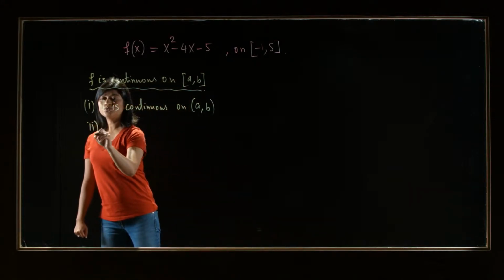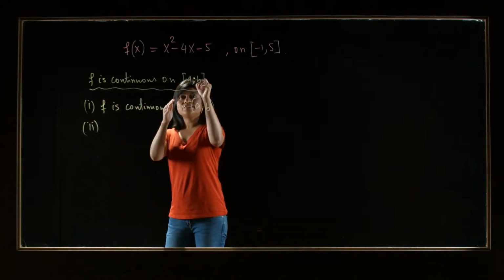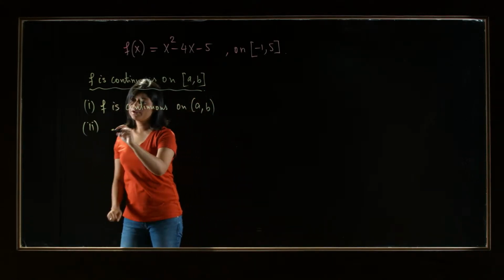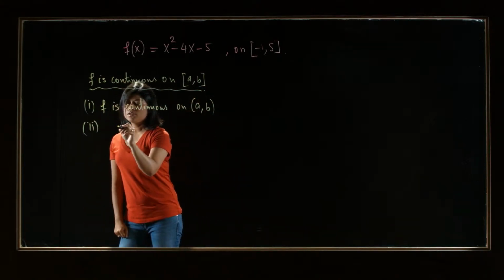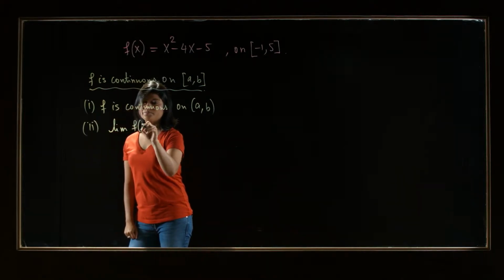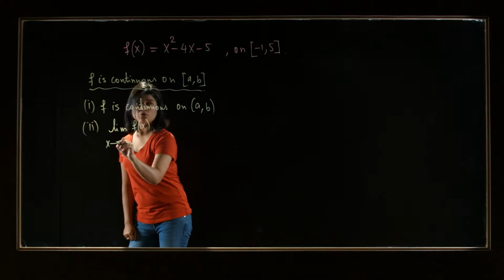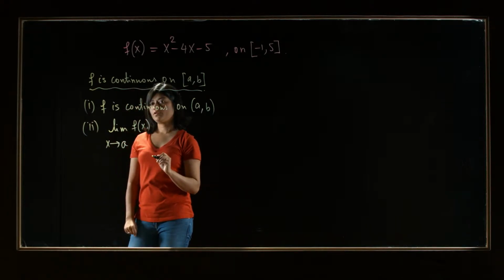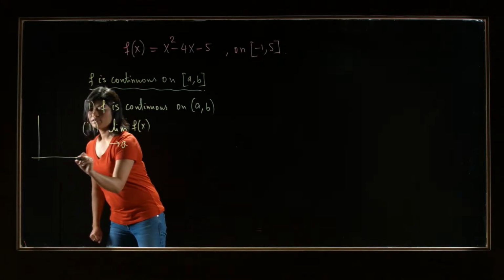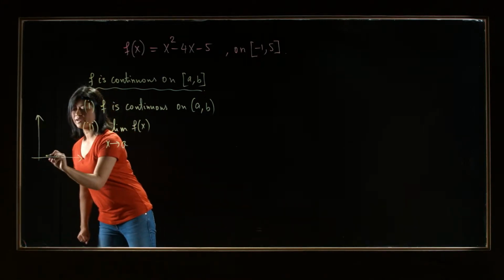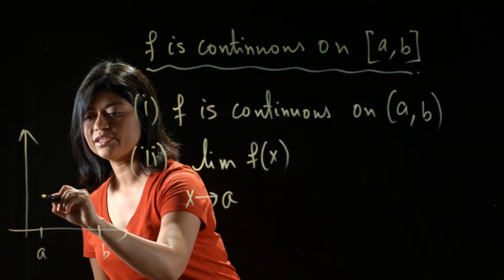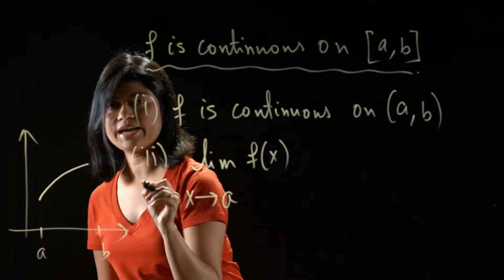And then, since we have to consider the endpoints, we have to make sure that the limit of the function as x approaches a. Now let me quickly give you an idea what's happening here. Here is a, here is b, and the function is continuous inside a, b.